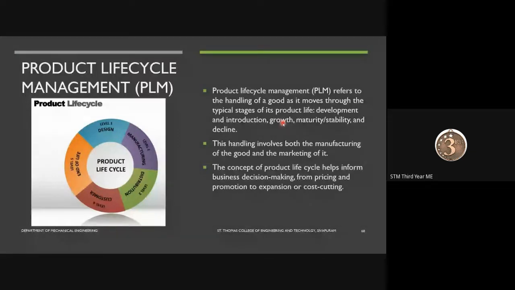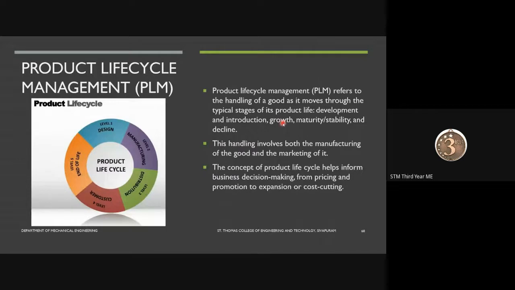So we are giving it some attractive features, giving it some quality, or lessening the price, etc. These are all ways to ensure that the product stays in the market, hence ensuring a longer product life cycle.